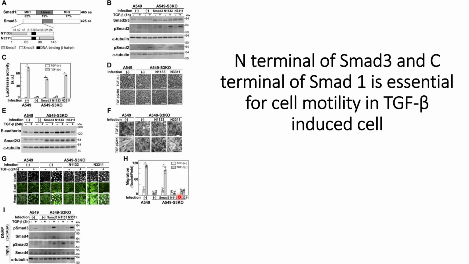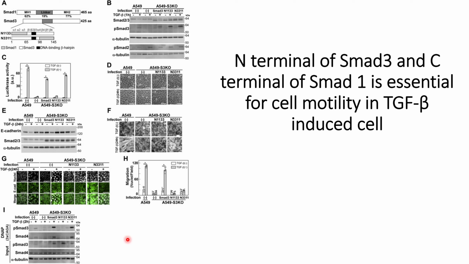But in the case where N1133 or N3311 is introduced, they do not see a significant change in migration, indicating that for migration, the N-terminal and C-terminal domains of the Smad3 play an important role.